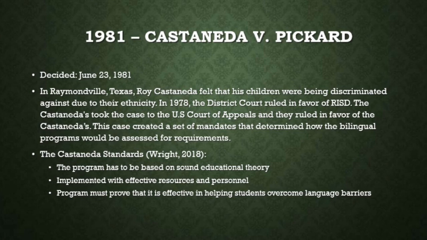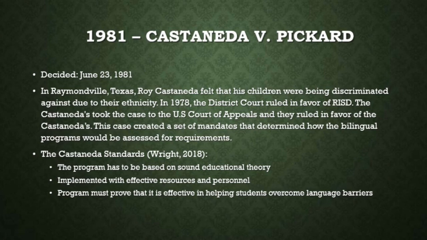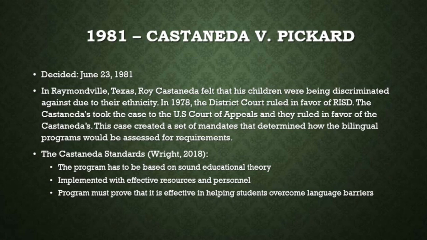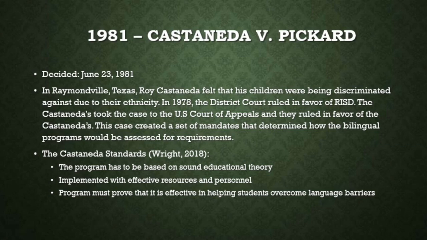The Castaneda standards are as follows. The program has to be based on sound educational theory. It must be implemented with effective resources and personnel, and the program must prove that it's effective in helping students overcome language barriers. The Castaneda standards have become a set way to determine if an ELL program is adequate or not.